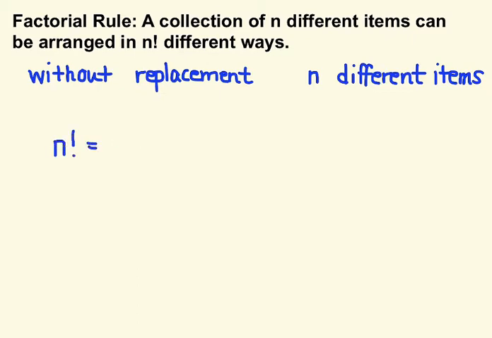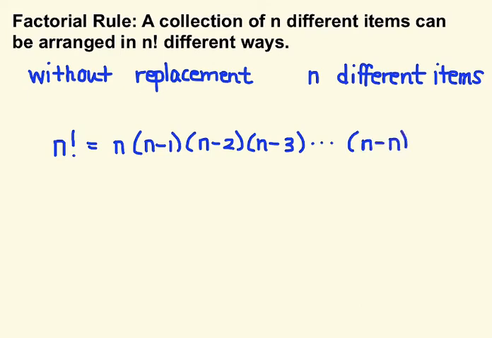In other words, it is equal to n times n minus 1 times n minus 2 times n minus 3, and we keep going until we get to n minus n, which actually is 0, and that is our n factorial.